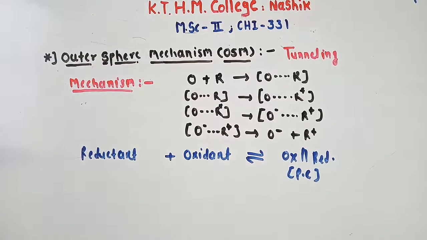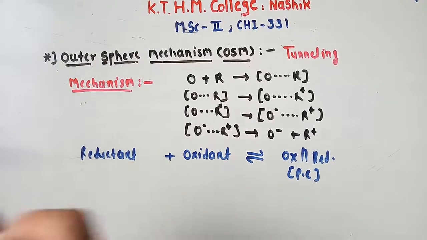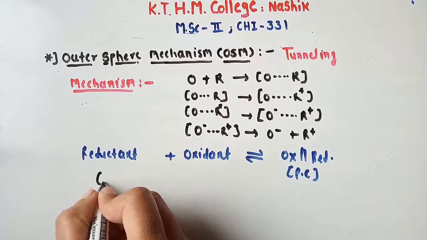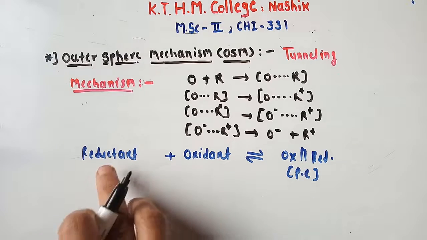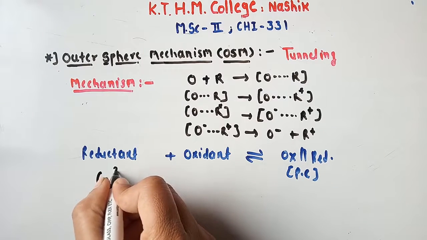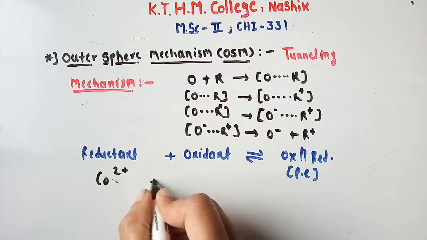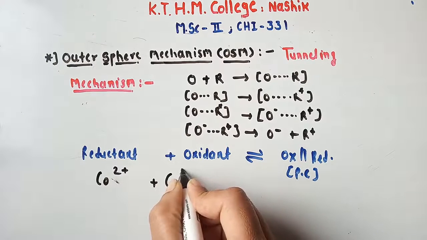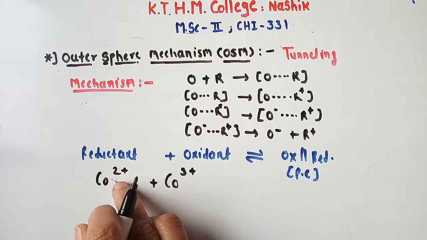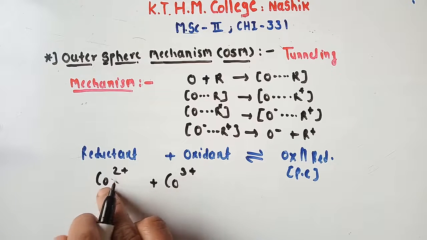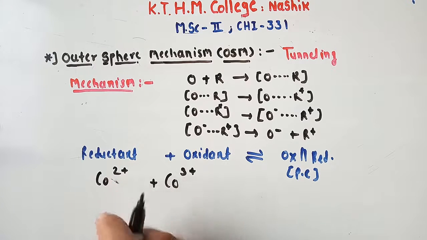I mention here PC. See, if we take example of cobalt 2 plus and cobalt 3 plus, the reductant carries less charge, means metal carries low oxidation state.